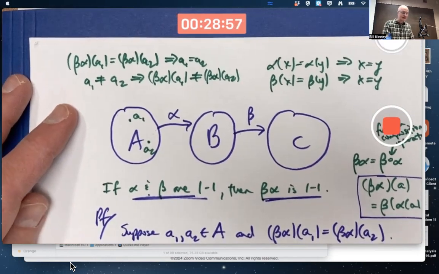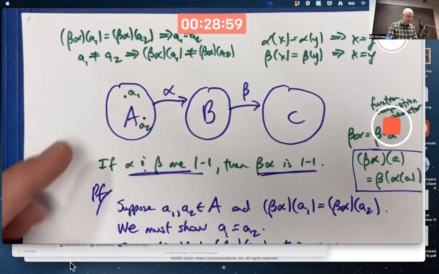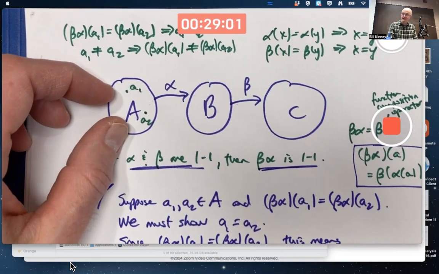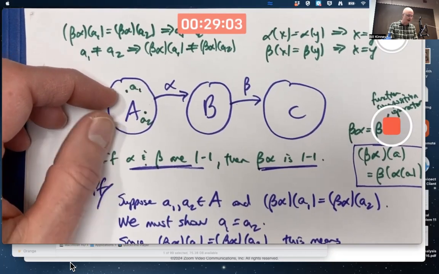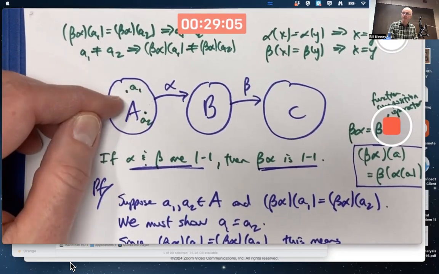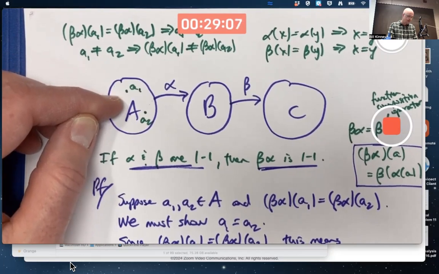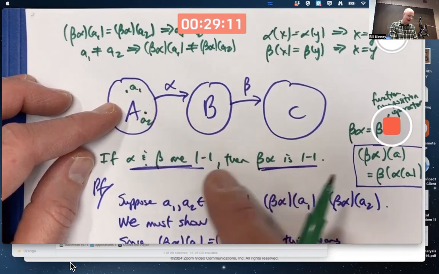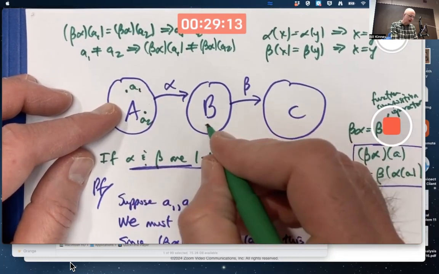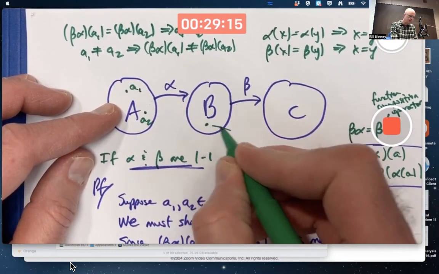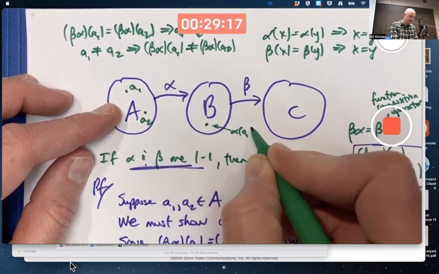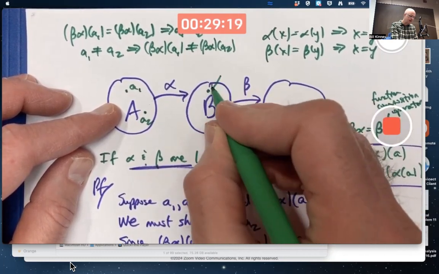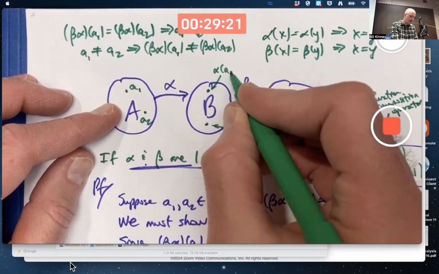Visually, this can now be thought about in the following way. If I've got two distinct elements of capital A, A1 and A2, and they are different like I've drawn them, then when I apply alpha to them, the fact that alpha is 1-to-1 means I will get distinct outputs over here. Distinct inputs giving distinct outputs is another way to think about being 1-to-1.